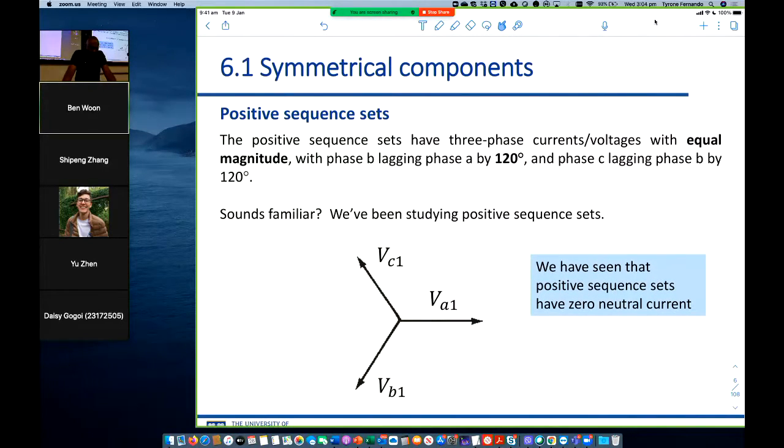So what is a positive sequence set? Imagine voltages VA1, VB1, and VC1. They are 3 separate voltages. They have identical magnitudes, and since they are a positive sequence set, VB1 is 120 degrees behind VA1, and VC1 is 120 degrees behind VB1.